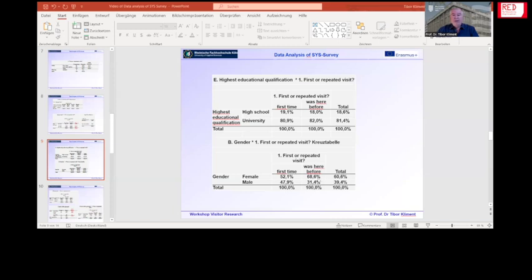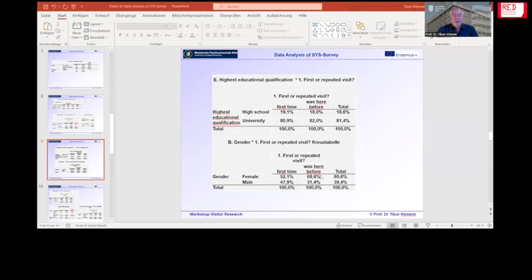Maybe this has something to do with the selection of movies, or with the price, or with the service, or with the music, or whatever. These are subjects you have to find out. But you can see at any rate here, women are much more loyal than men.